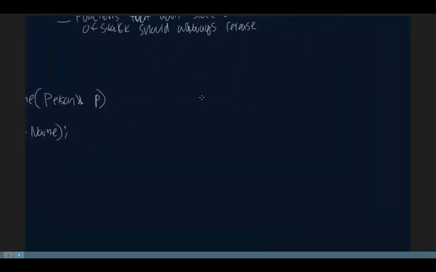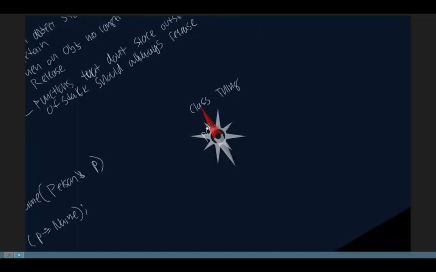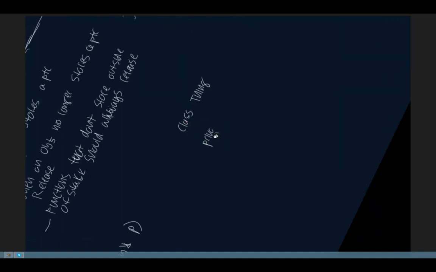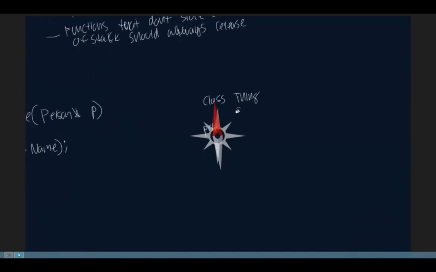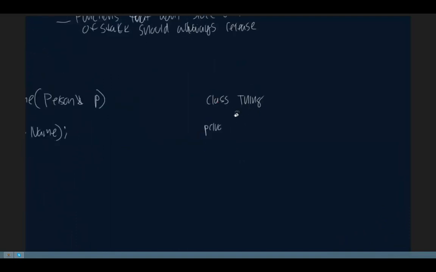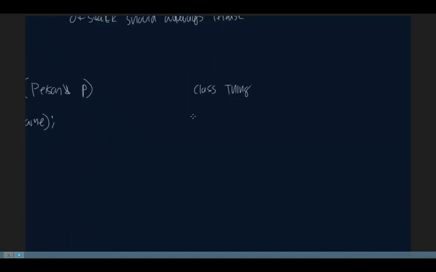Let's say I have a class here called thing, and that class thing has a private person pointer called owner, because the thing has an owner.